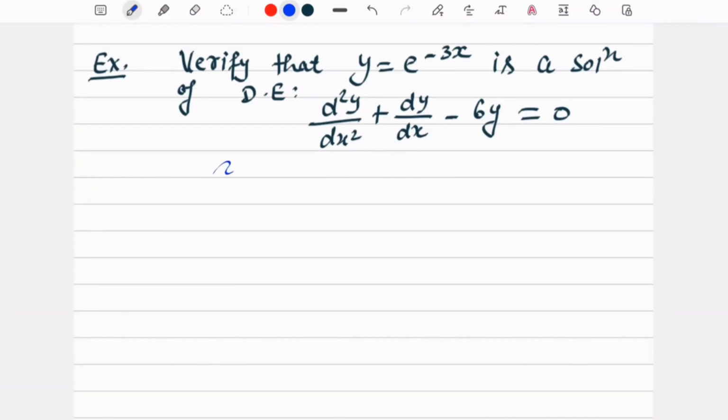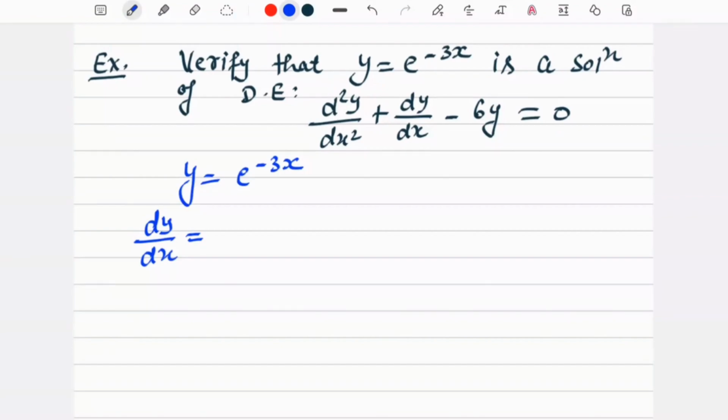Okay, so I have y equals e raised to minus 3x. First of all, I will calculate dy by dx. What is the derivative of e raised to minus 3x? It is e raised to minus 3x into the derivative of minus 3x, which is minus 3.